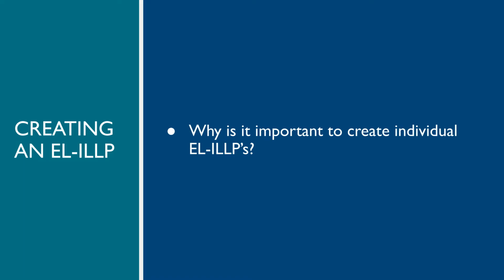This slide will address the first question. Why is it important to create English Learner individual language learning plans? The individual learning plan is a locally created template to assist in including details, strategies, instructional and assessment accommodations, modifications, and goals for the individual student, as well as the student's English language proficiency levels and state and local assessment data.